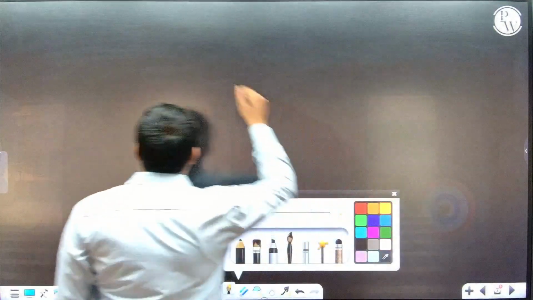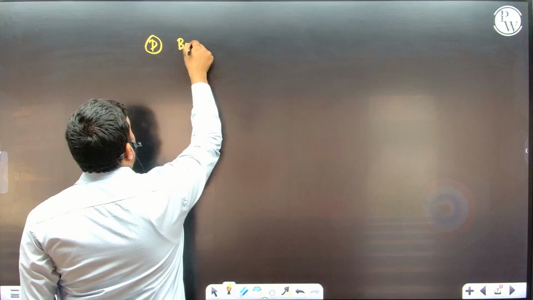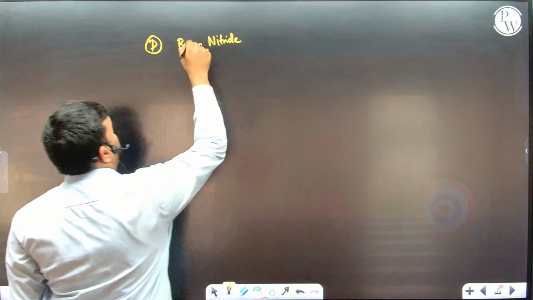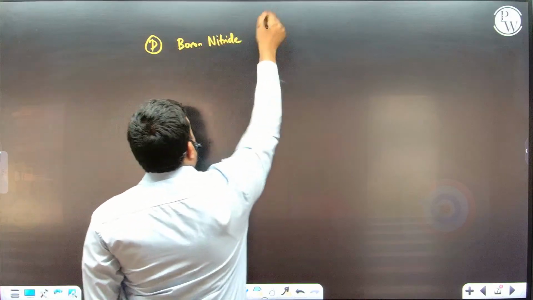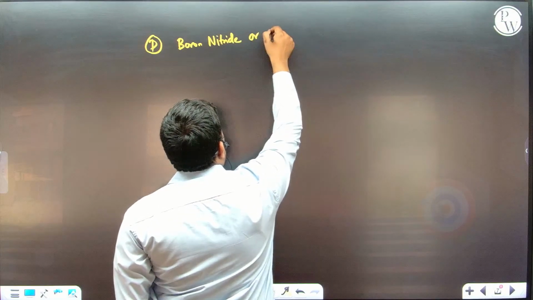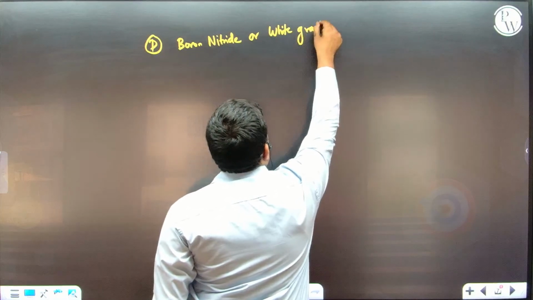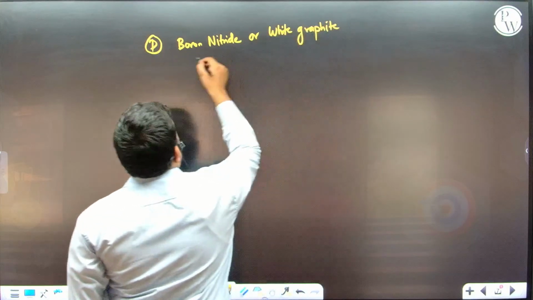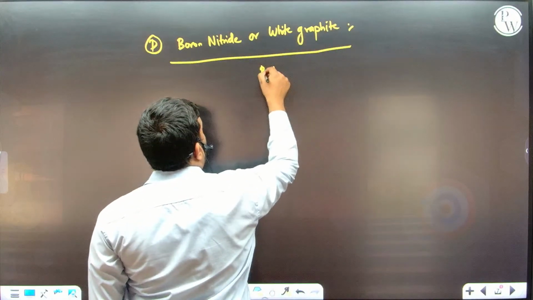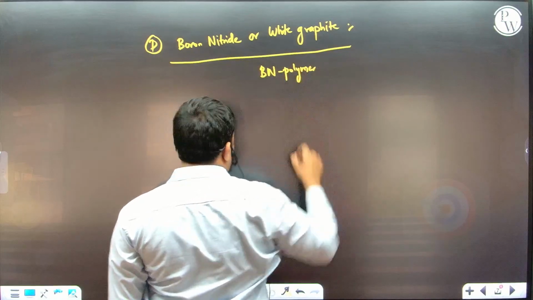One more duplicate is coming over here, that is nothing but boron nitride. Boron nitride, or we call it white graphite, and the formula is nothing but a BN polymer, boron nitride polymer.